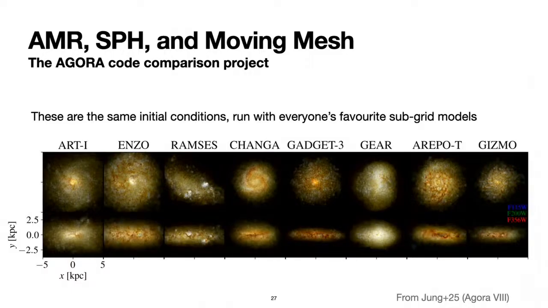In some of these recipes, you literally take gas and you decouple it from the galaxy. You transport it to the circumgalactic medium, and there you let it go away, right? So you're basically transporting the angular momentum out of the galaxy, and for sure, this is going to affect the sizes of the galaxies.